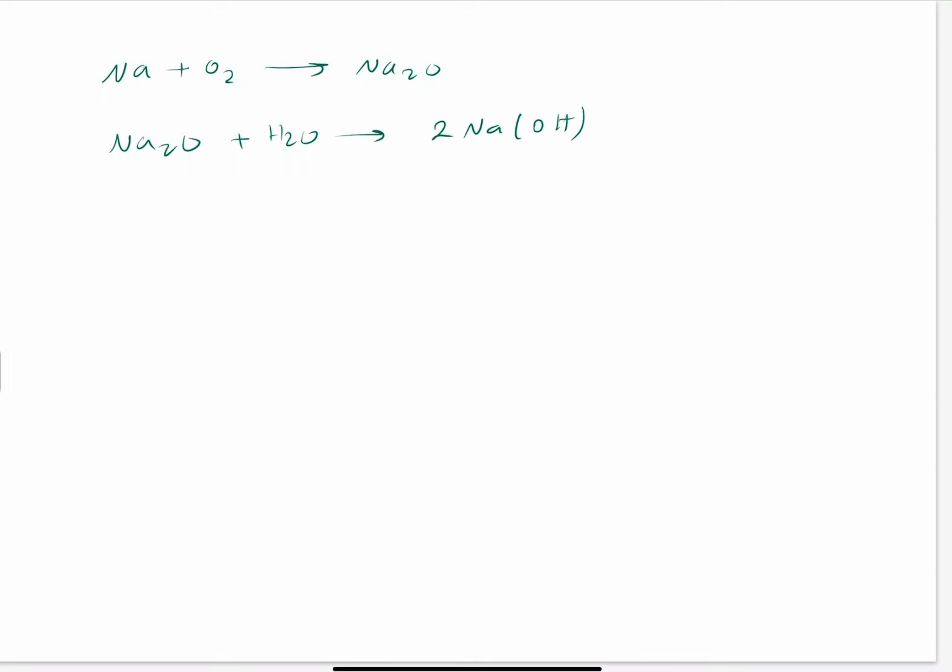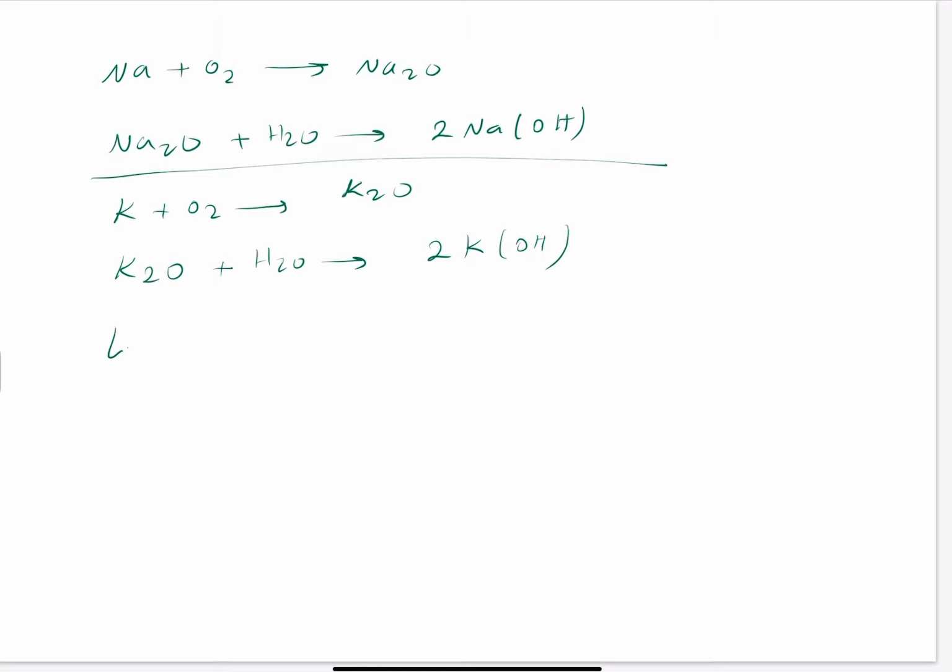It is a very strong base. Potassium is also like this. With potassium, we can produce K2O, and K2O, potassium oxide, can react with water to form potassium hydroxide. They are very strong bases.